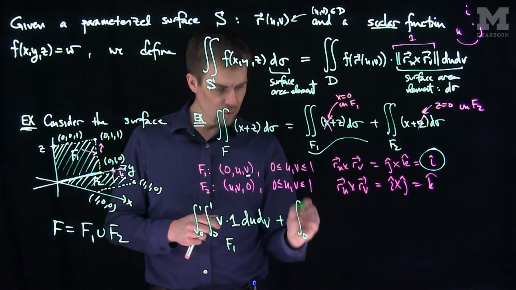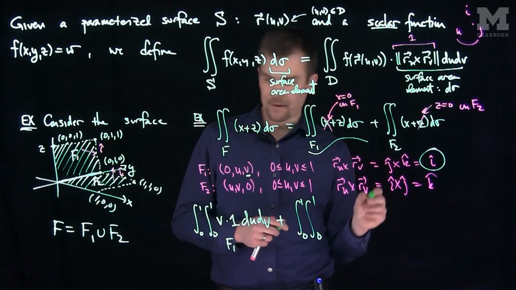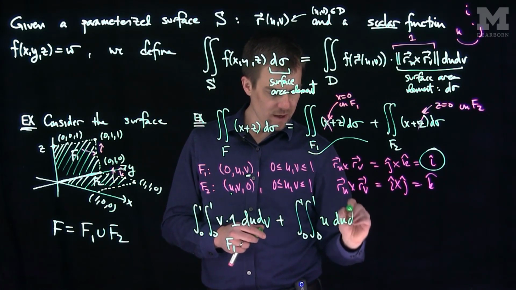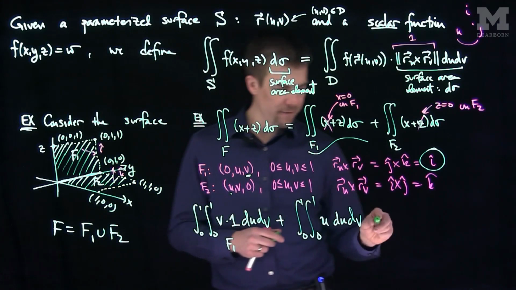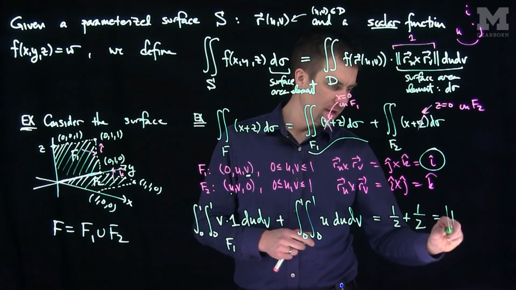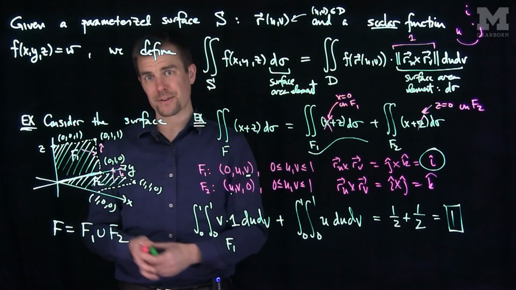Plus the integral from 0 to 1, the integral from 0 to 1, of, now what is x on F2? x on F2 is equal to u. So I'm going to have u du dv. Over here, the u integral gives me 1 and the v gives me 1/2, so I get 1/2 for this first integral, plus 1/2 for the second integral by symmetry, and I just get 1. So the surface integral of x plus z on this chair-like surface is equal to 1.